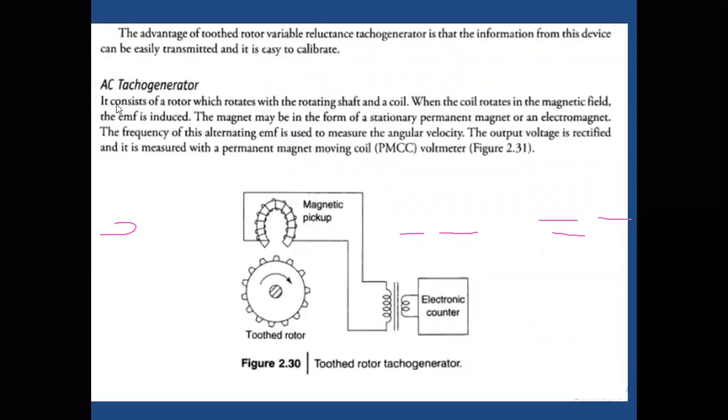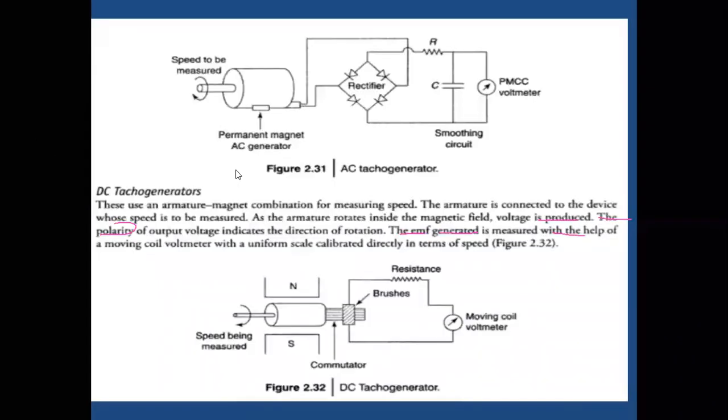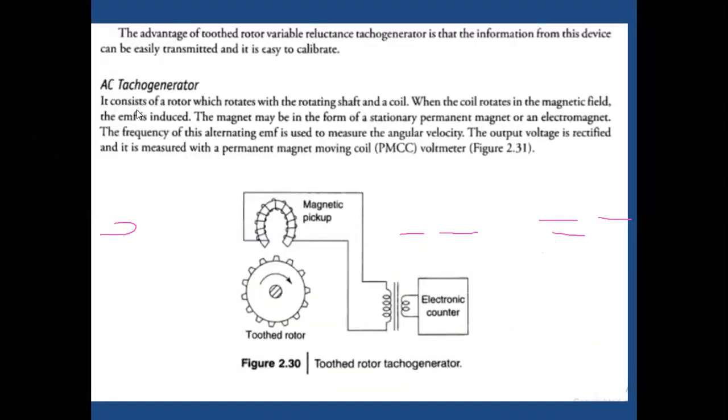And this is the AC tacho generator. It consists of a rotor which rotates with a rotating shaft and a coil. When the coil rotates in a magnetic field, the EMF is induced.